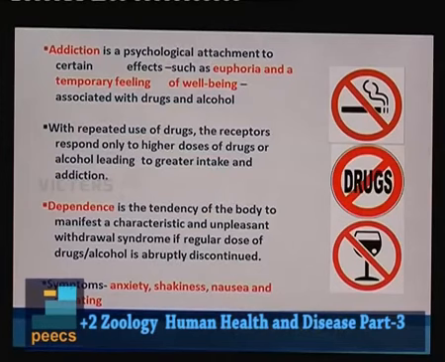Now, what is addiction? Addiction is a psychological attachment to certain effects such as euphoria and a temporary sense of well-being. With repeated use of drugs, the receptors respond only to higher doses of a drug or higher doses of alcohol, and this will lead to a greater intake of that particular substance and it will lead to addiction.